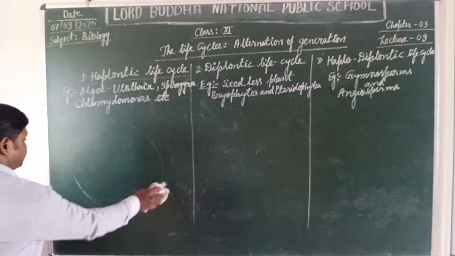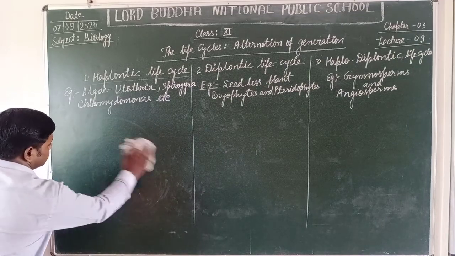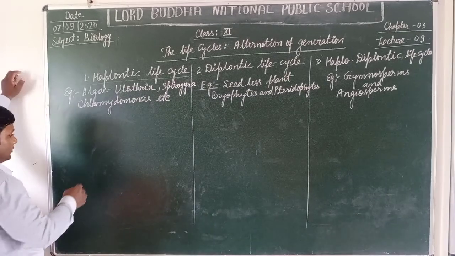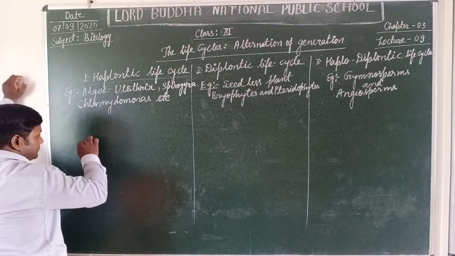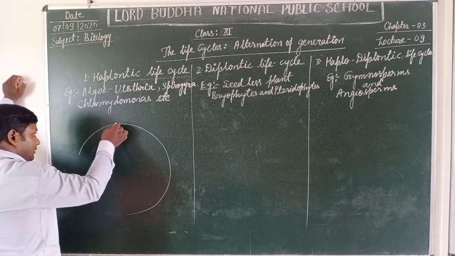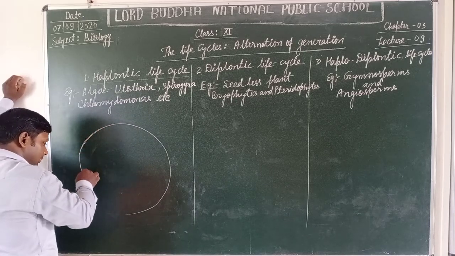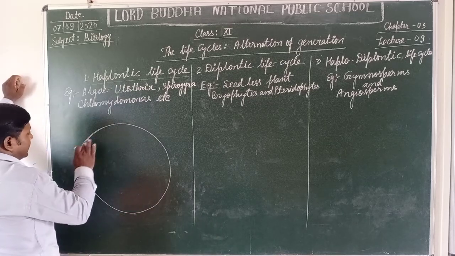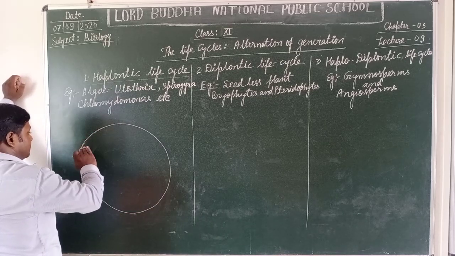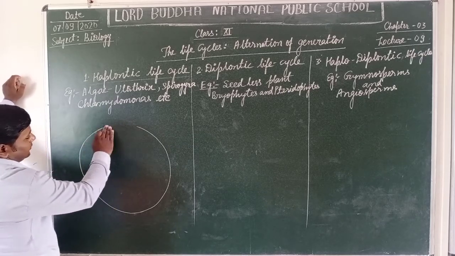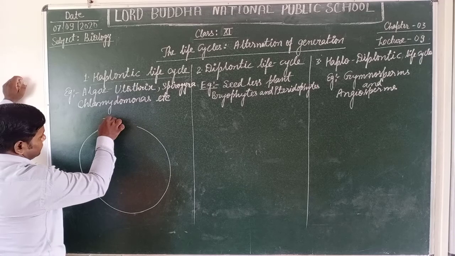The alternation of generation I illustrate in a circular pathway to clearly understand the stages that take place in such a life cycle.